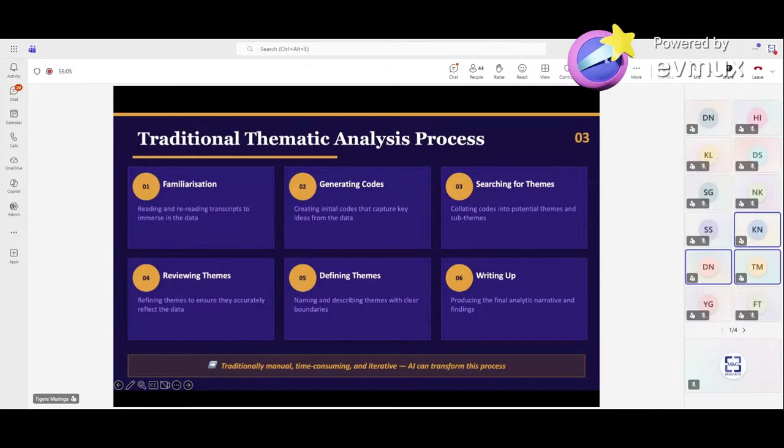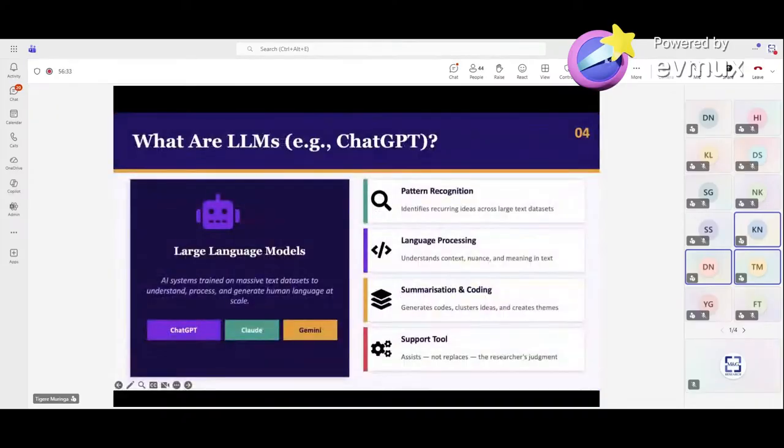And we know that in any research project, the process of data collection, analysis, and reporting of findings is the one that takes the most amount of time. So because of that, we see that AI has the potential to transform this whole process. And that's what we're going to be demonstrating here.